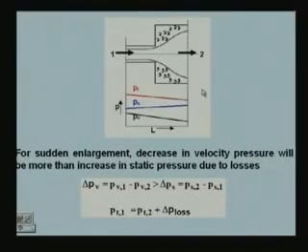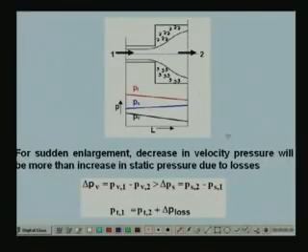For example, this is also an enlargement, but this is a highly irreversible type of enlargement, that is a sudden enlargement. When there is sudden enlargement, there is a drop in velocity pressure, but this is not converted into static pressure, or very little of it is converted into static pressure. So delta PV is much greater than delta PS.